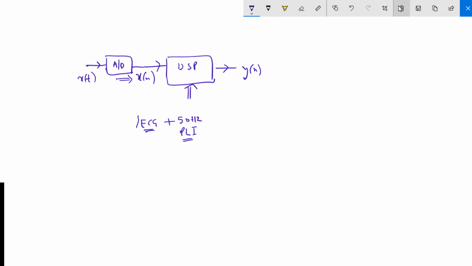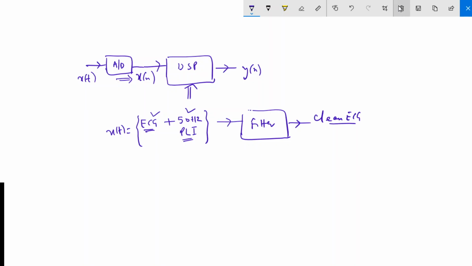So this is your input signal x(t), which is signal plus noise. So you have to design a system, which in this case is a filter, to remove this noise from the signal so that at the output of this you get a clean ECG signal.